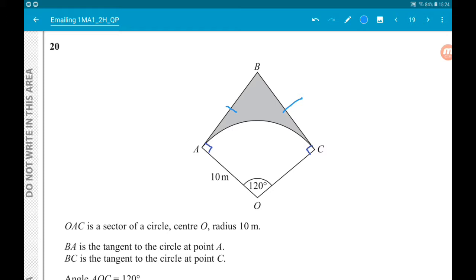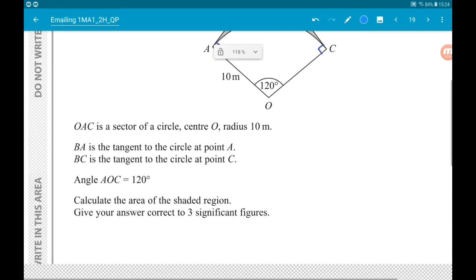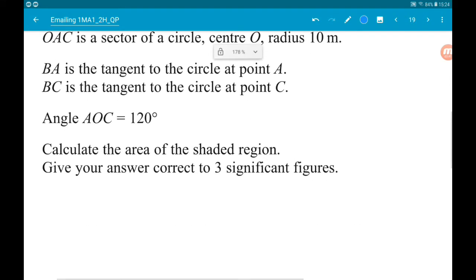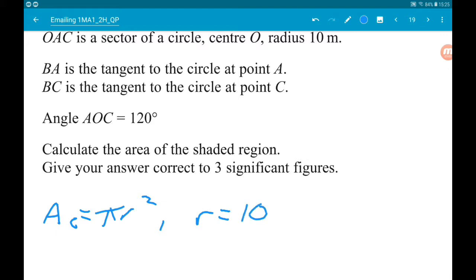So, the area of a circle is pi times the radius squared. So, if r is 10, we get then that the area is 100 pi meters squared.